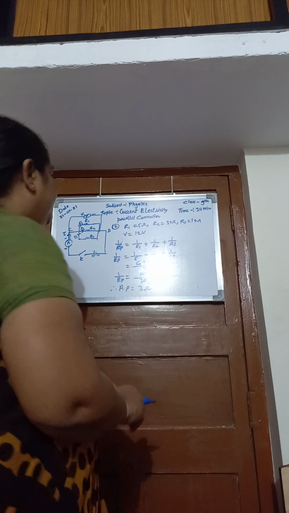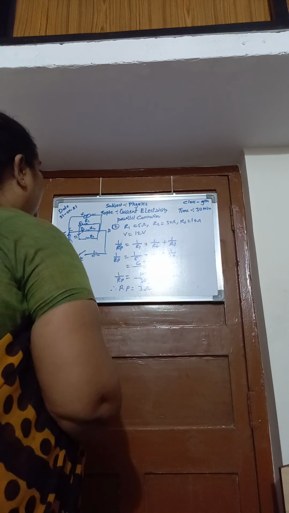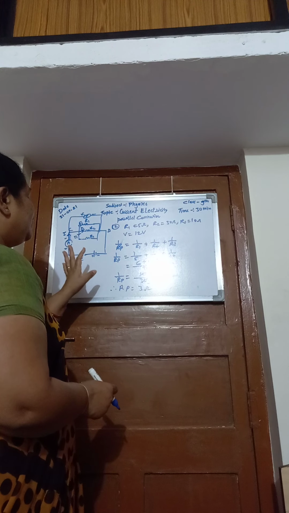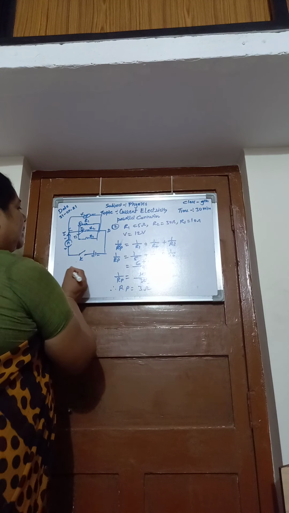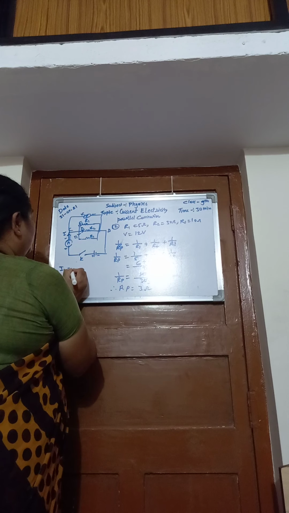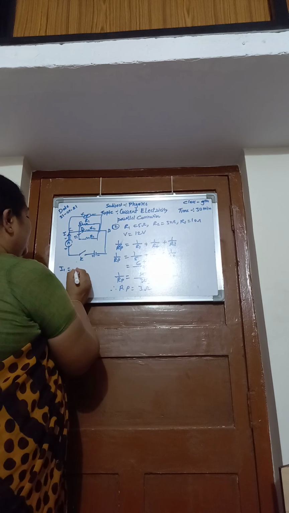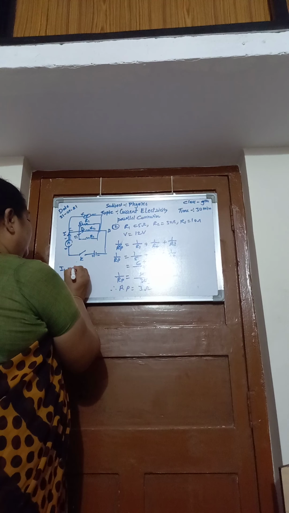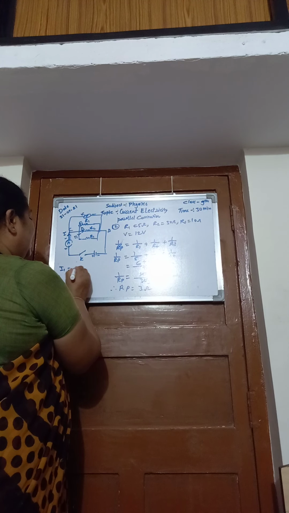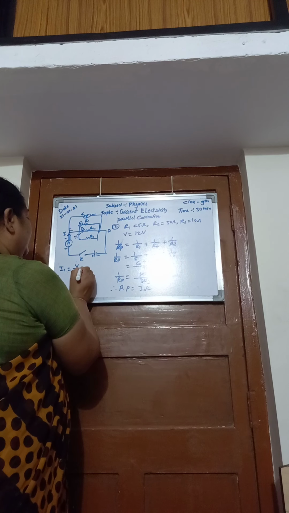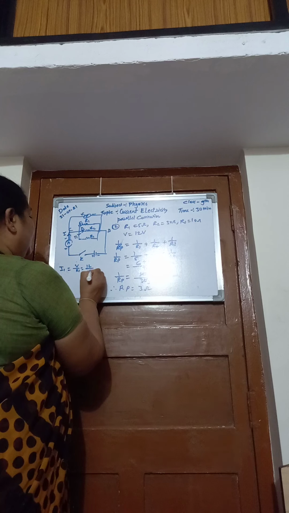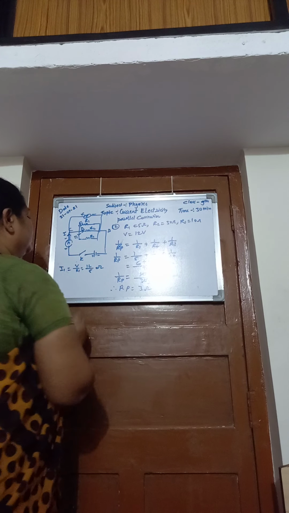Then we can calculate the current also. Current through the circuit, I1, I2, I3. I1 equal to V by R1. V is 12 volt, divided by R1 which is 5, so 12 by 5.